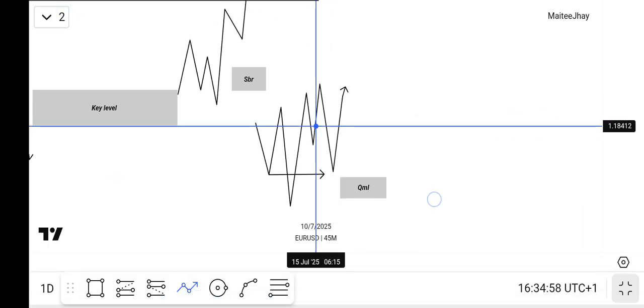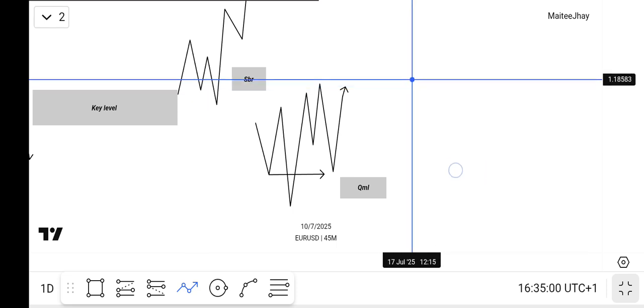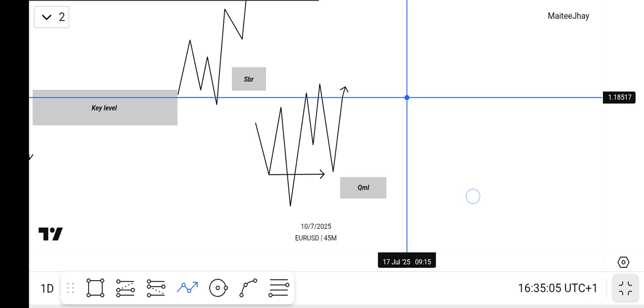And then we also have the other blocks, the fair value gaps. You understand? The other blocks, you guys already know.